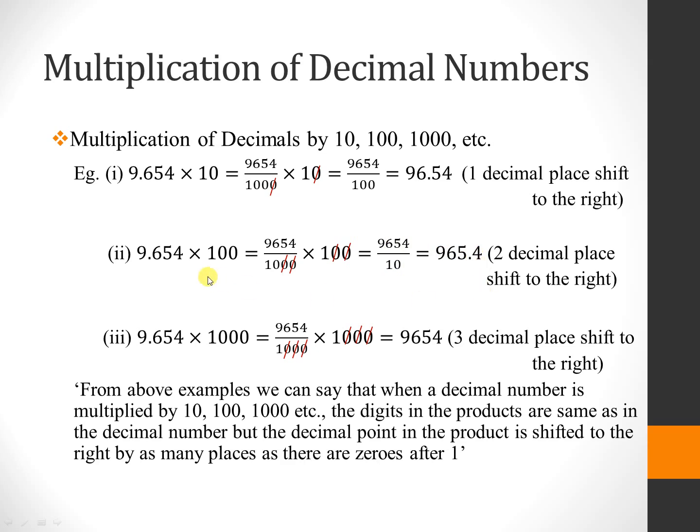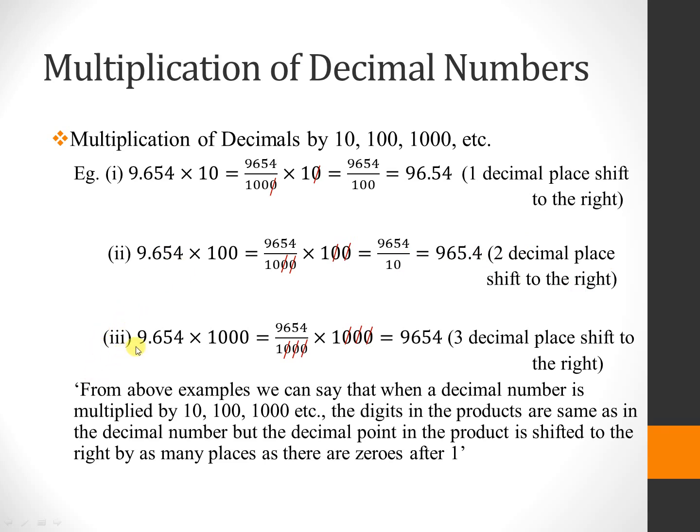What happened here? We get the same digits, only the decimal point shifted 2 places to the right. In 9.654 the decimal point shifted 2 places, after 65, so it is 965.4, 2 decimal places shifted to the right.